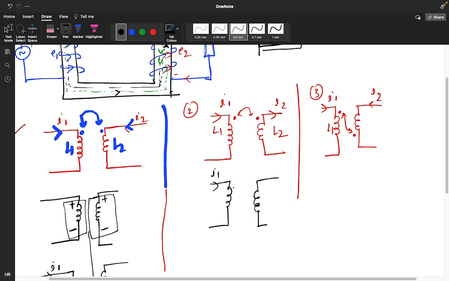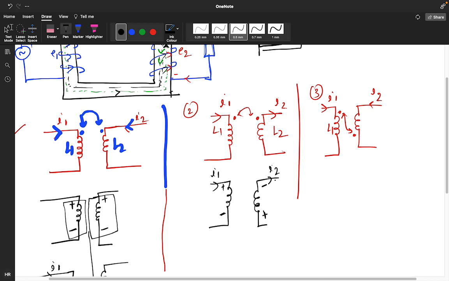Dot is here means it will be positive, and this is negative. Now the current is leaving from that dot. Leaving from the dot, where will the current come? Here the current will come. So you will give positive here, negative here.